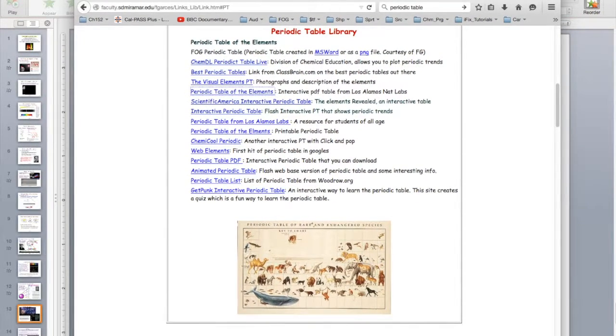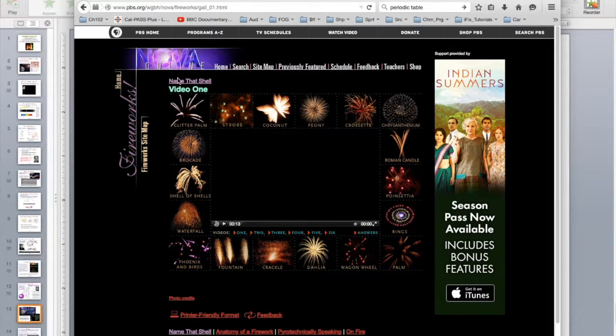Okay. So if you go over here to the Nova Fireworks, this is it. For some reason QuickTime doesn't work here, but if you go to this site, let's just go to home real quick, what you'll see is the following.